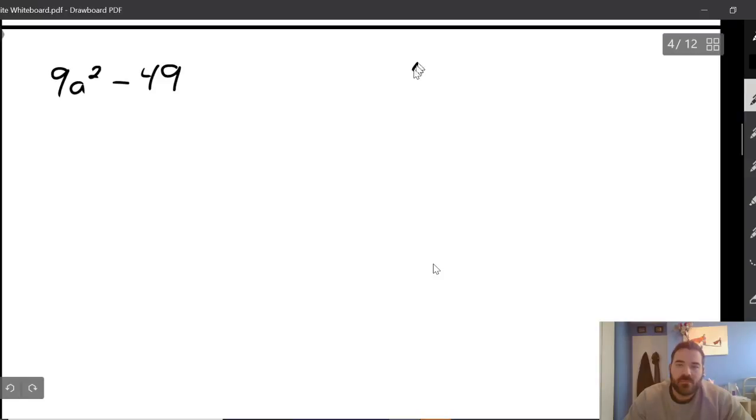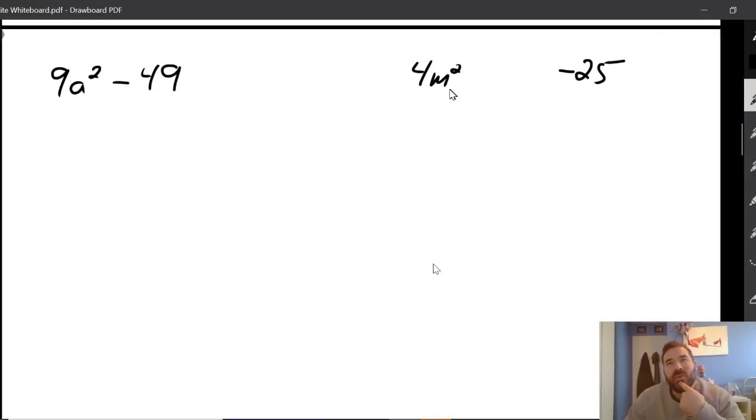We'll do 4m squared minus, and this has to be a perfect square too, so we'll say minus 25. And then the middle term has to be the square root of a times the square root of b times 2. This is going to be 5, this is going to be 2. 2 times 5 is 10, double that, so it's going to be plus or minus 20.